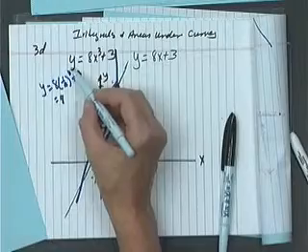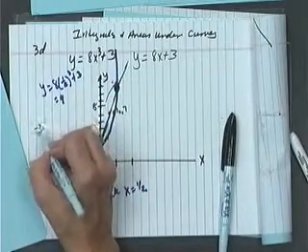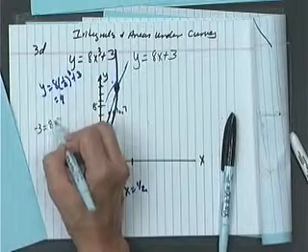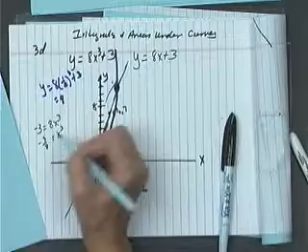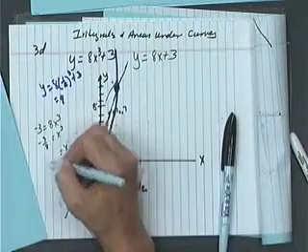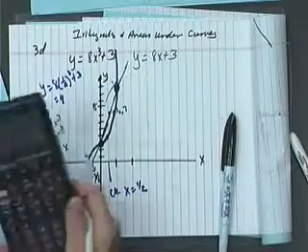Okay, over here, if I let y be 0, we have negative 3 equals 8x cubed. X cubed is negative 3/8. And then I'll take the cube root of negative 3/8. Let's just see what that is.